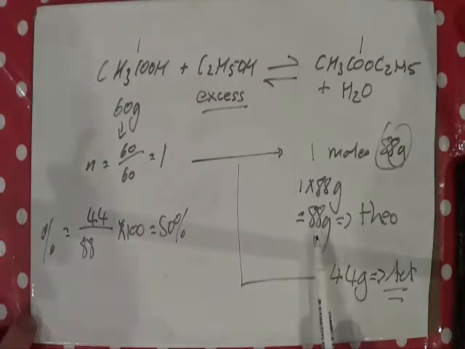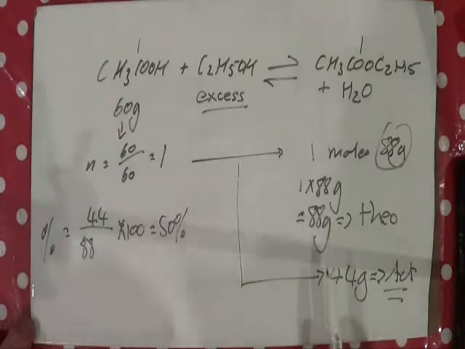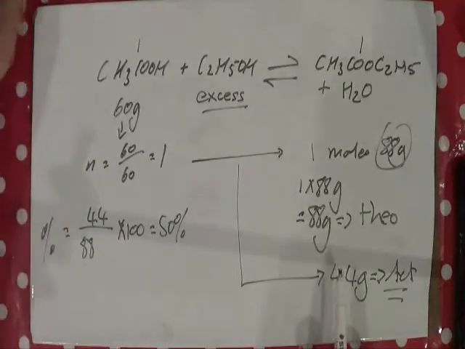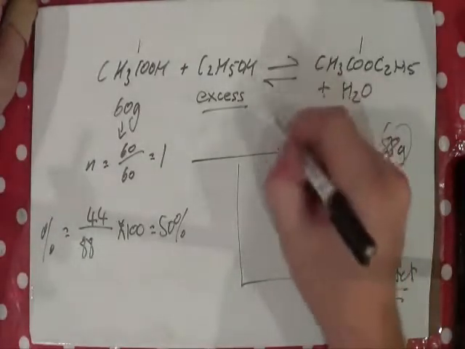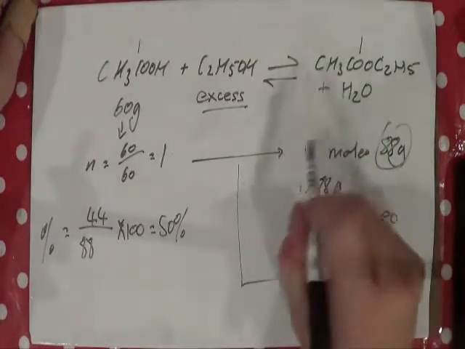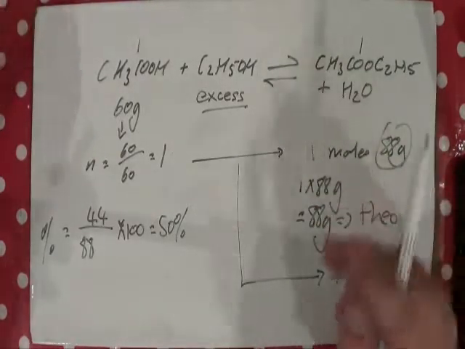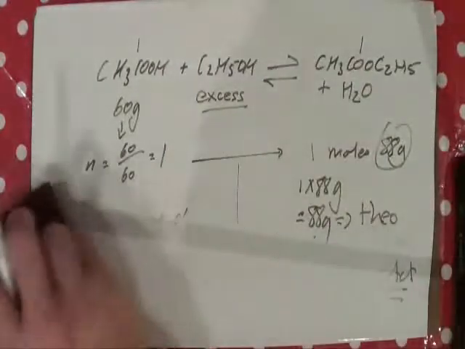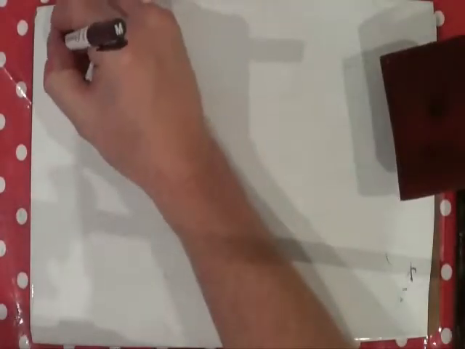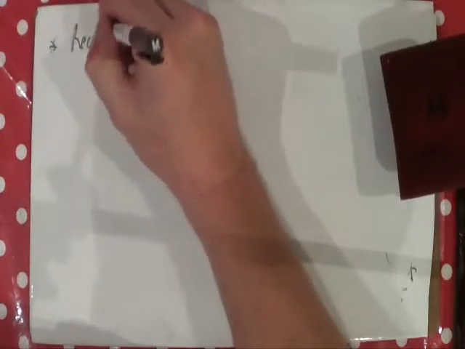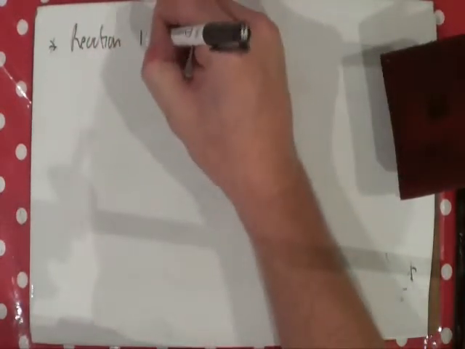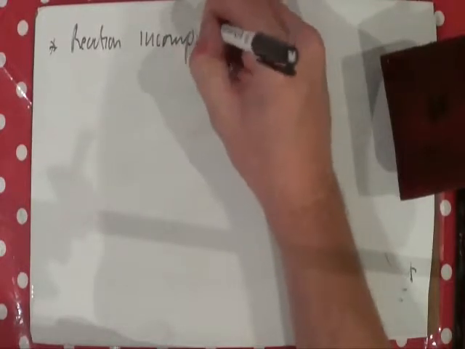Now the question we need to understand as well is why, if I would have expected from all my calculations that I've done so far to make 88 grams, why am I only making 44? Well, the thing is that, first of all, this reaction is reversible. So it does not go to completion. So the reaction is what we would say incomplete.